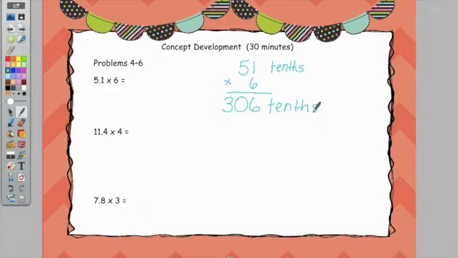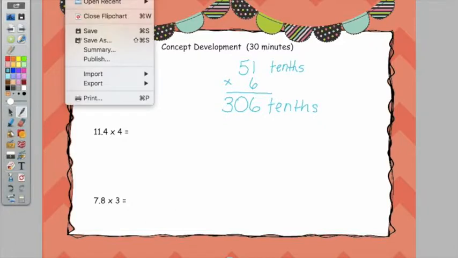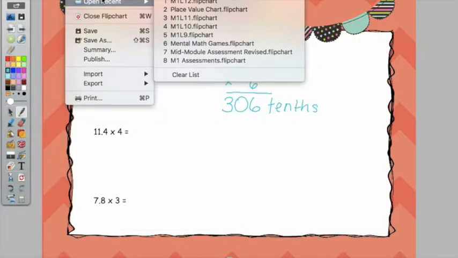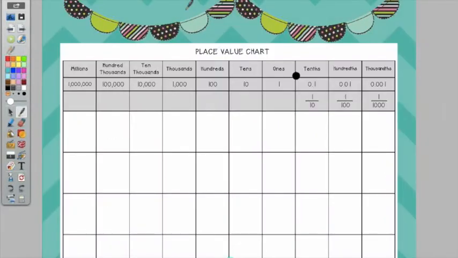Now I'm going to get my place value chart. We won't use it very often, but let's take a look at how I would write 306 tenths on here. When I write 306, I'm going to start with the 6, and what place value does it go in? Tenths.